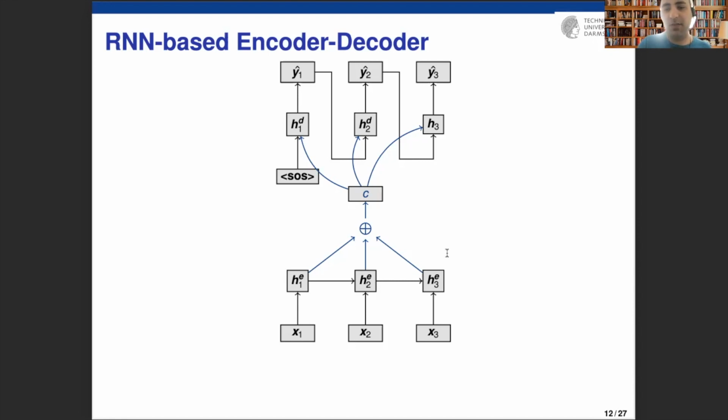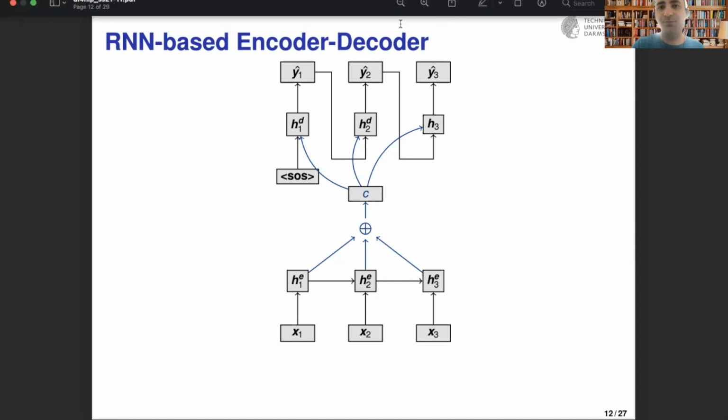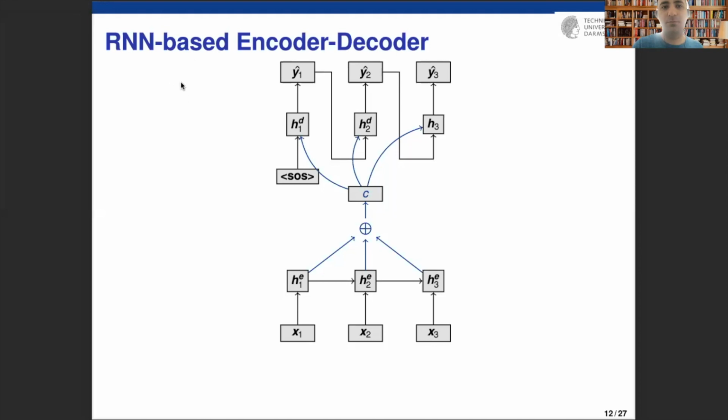In the first method, when we use the last hidden state as the context vector, the error needs to go here first and then here, right?